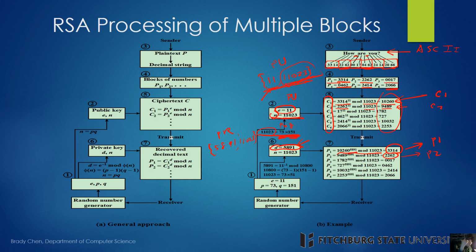And once I get these two prime numbers, I can generate the n. Of course, I already know the n. So if I factor the n and get 73 and 151, I can easily calculate the phi of n, the Euler's totient function of n. And then, based on the public key, I can easily find out the other number, 5891.